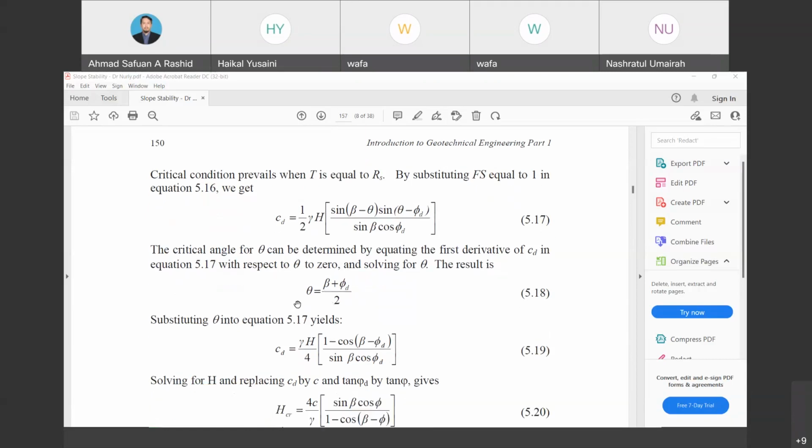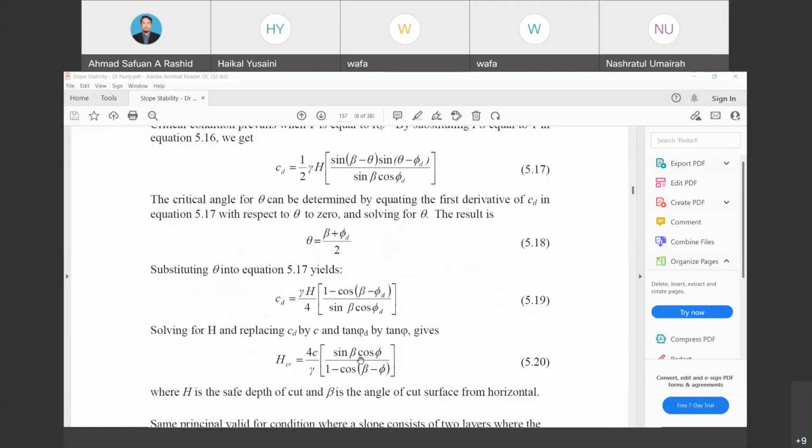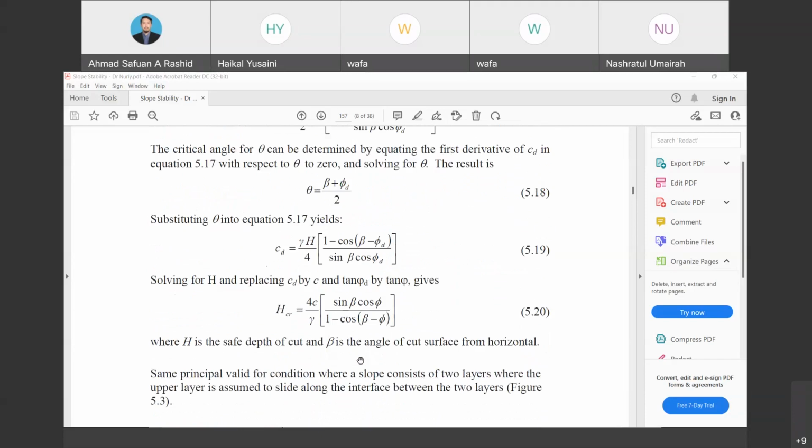Then substituting theta in 5.17, we obtain CD as shown in 5.19. Then rearrange to get the H critical on the left, so they obtain 5.20. So H is the safe depth of cut, and beta is the angle of the cut surface from horizontal.